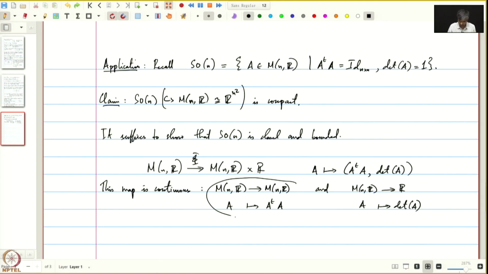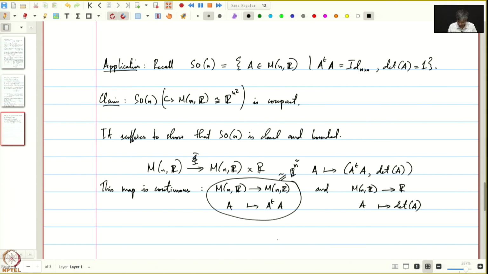Let's look at this map over here. Once again, M_n(R) is identified with R^(n^2) with the product topology, right? So to say that this map is continuous, it's enough to say that each of the coordinate functions is continuous.